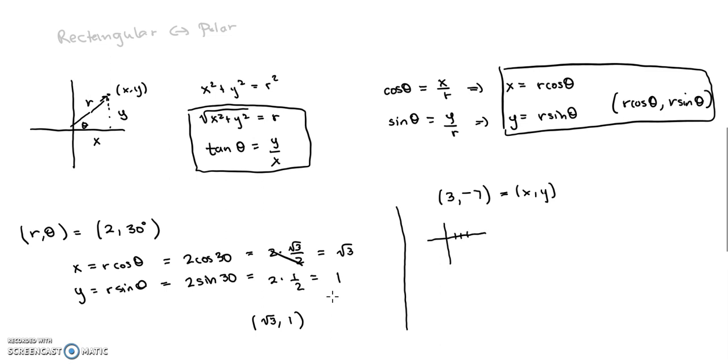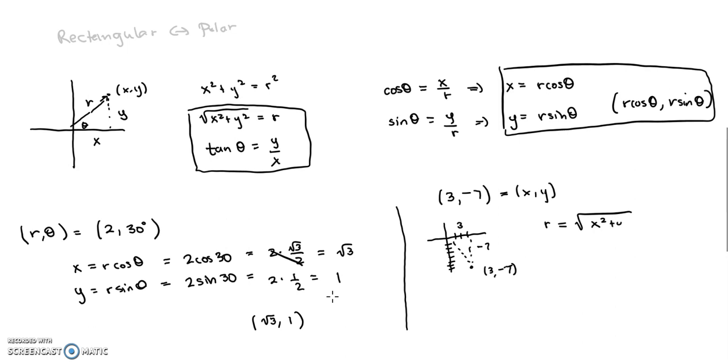So we've got 1, 2, 3, and 1, 2, 3, 4, 5, 6, 7, because it is important to notice which quadrant you're in. There's our point (3, -7). You can either use the formulas or set up your triangle and solve it just like we've done before. So there's 3, there's -7. And we know that we're going to find r from the Pythagorean theorem.